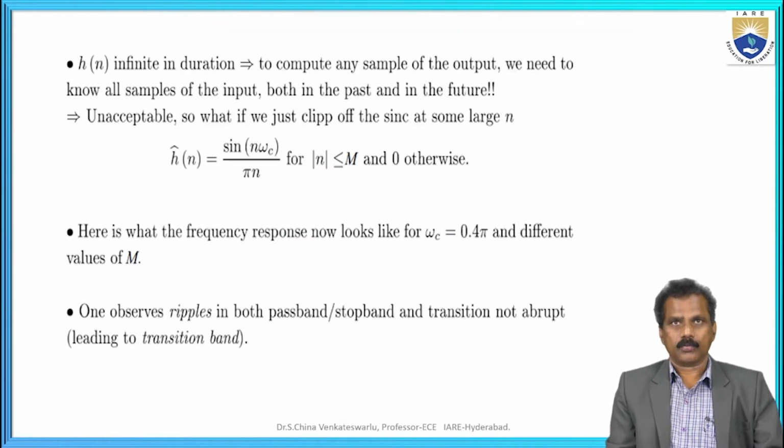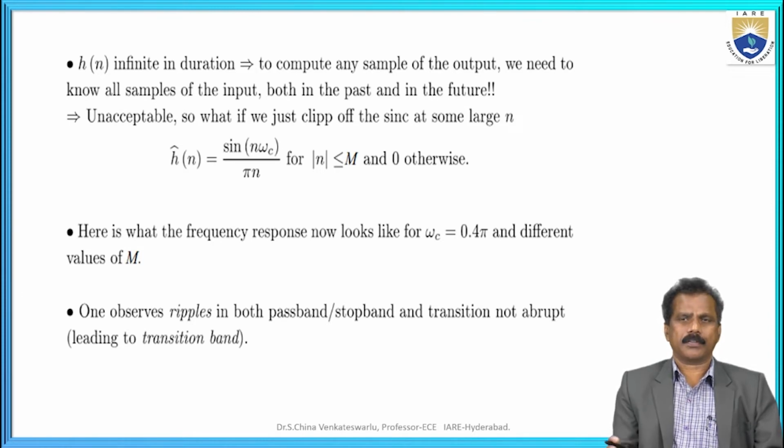Okay, with h of n infinite in duration, to compute any sample of the output we need to know all samples of the input, both in the past and in the future, according to what we call symmetric and anti-symmetric, maybe a non-recursive filter. We know that a non-recursive filter concept is unacceptable.